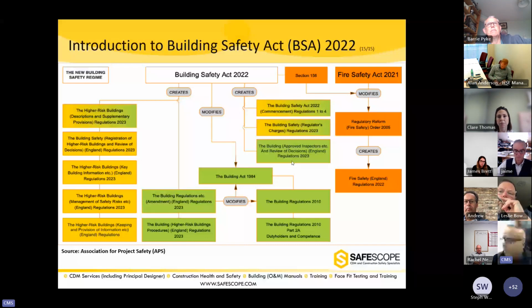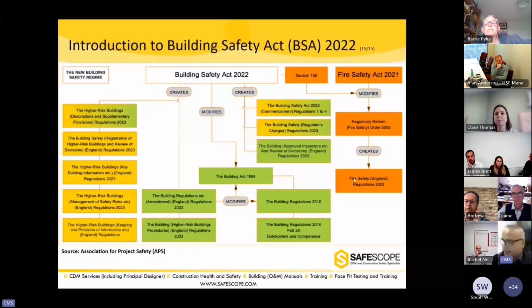And in orange is all the impact that the Building Safety Act is having on the fire safety side of things. Section 156 of the Building Safety Act modifies the Regulatory Reform (Fire Safety) Order, as we know it, RRO 2005. The Fire Safety Act 2021 also has an impact on the Regulatory Reform Order.